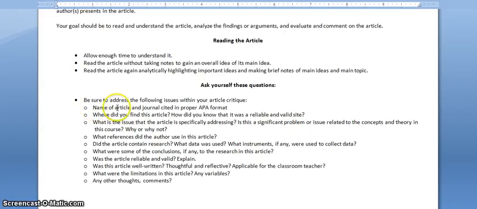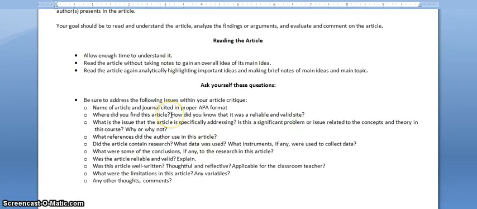So you want to include the name of the article, and it needs to be cited in proper APA format. If I make comments about your APA formatting, please go to that website, that link that I've given you several times, Purdue OWL, and it will show you how to properly cite a journal article. Where did you find it?